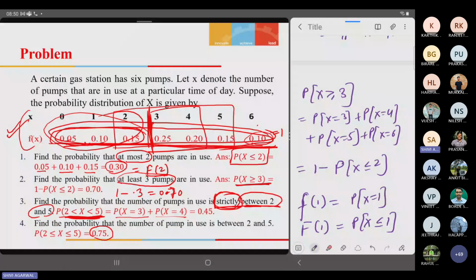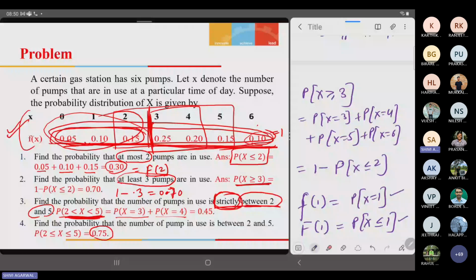At least 3 means the minimum is 3, correct? Okay, so that is the difference here. This is known as the probability density function, and this is known as the cumulative distribution function.